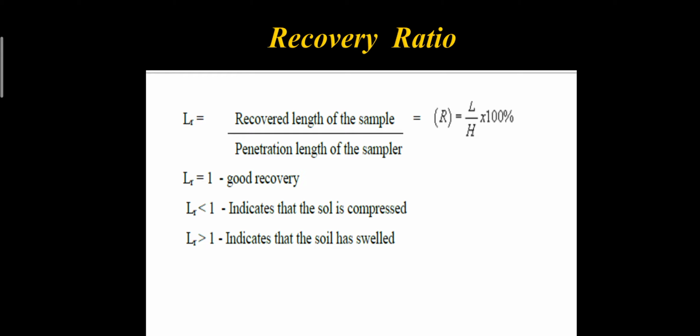If it is greater than 1 or greater than 100%, then we can understand the soil is soft or swelling in nature with water. So from recovery ratio we can understand what kind of soil, in what state the soil is.